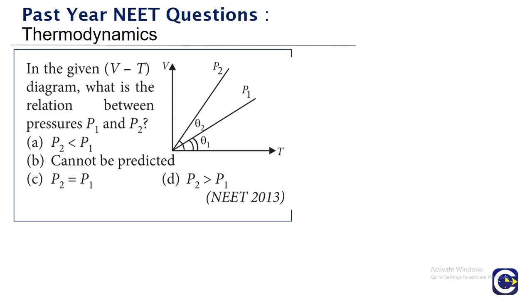This is a question that has come in NEET 2013. In the given VT diagram, they are giving us a volume versus temperature diagram. What is the relation between the pressures P1 and P2?